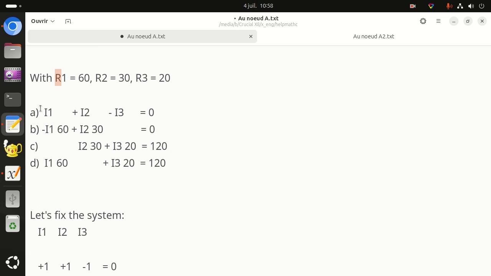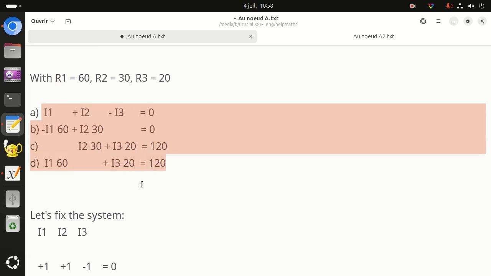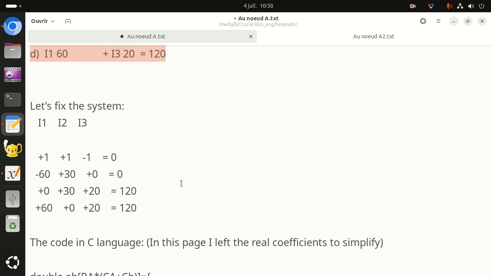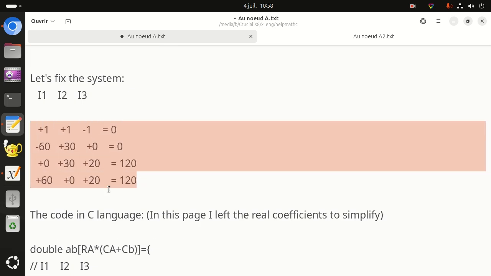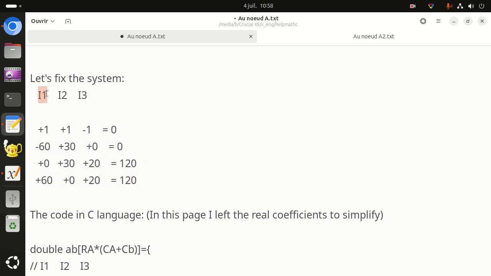Then you can write this equation in this way. Now you can write the system in this way. The first column is for I1, the second column is for I2, the third column is for I3.